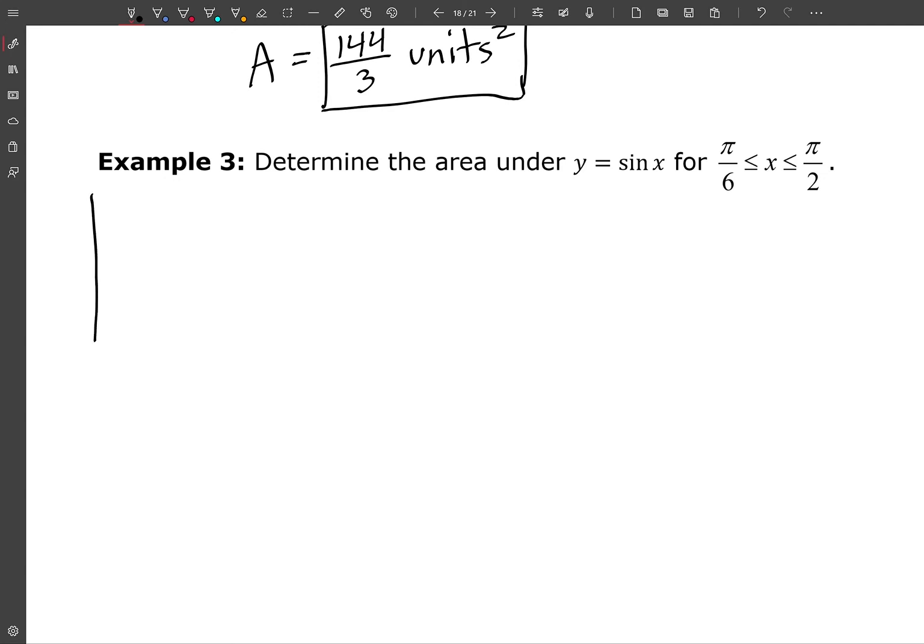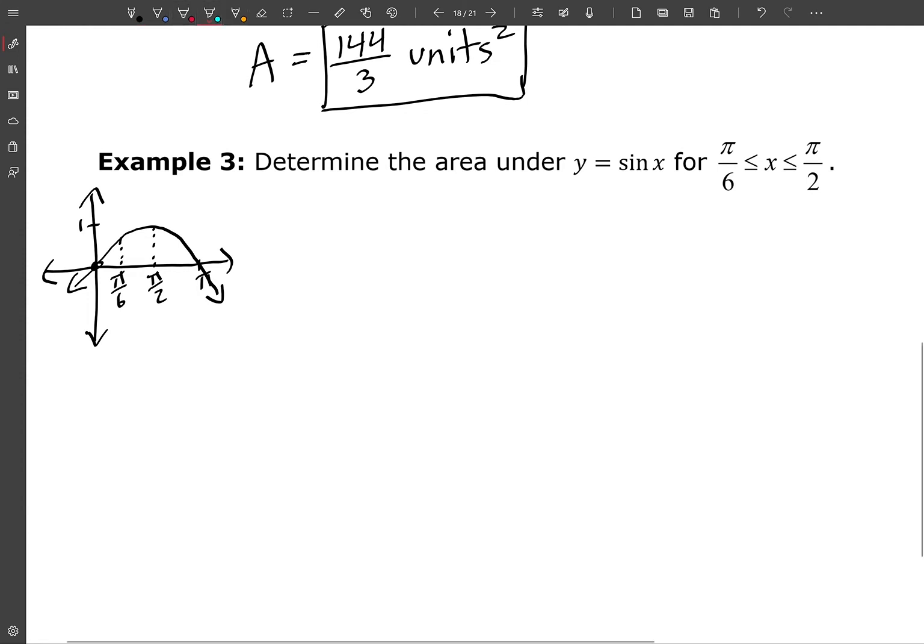So, if I'm looking at this guy right here, we've got 1 up here, and we've got 0 over here, and we've got pi over here. It's sine, so it's going to look something like this. And I'm looking from pi over 6 to pi over 2.